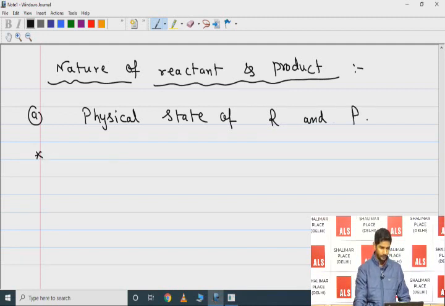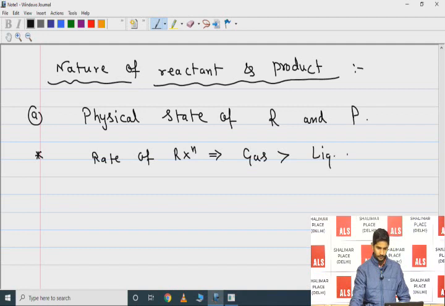You have to remember that rate of reaction is highest in the gases, then liquids, and slowest in the solids.